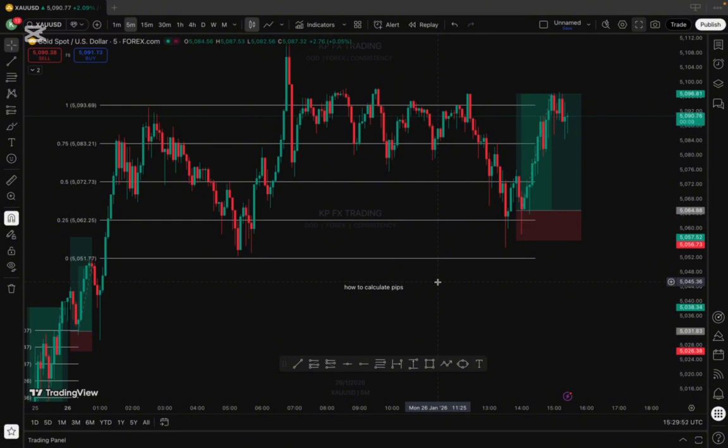Let's say for example, you all know this is how PIP is calculated.